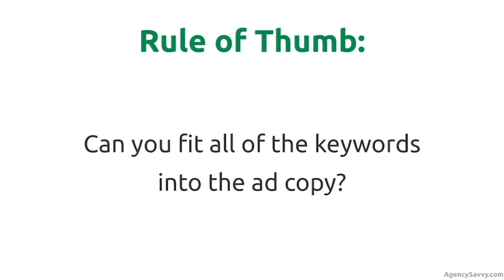So that's a good way to know that you've probably got too many different keywords in an ad group, if you start struggling to write an ad that is relevant to each of those keywords. That's when you know that you need to break it up into smaller buckets and have more buckets, a small bucket with just a few keywords and some highly, highly relevant ad copy.